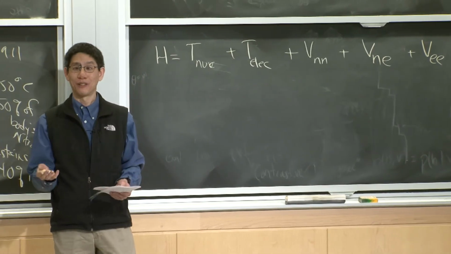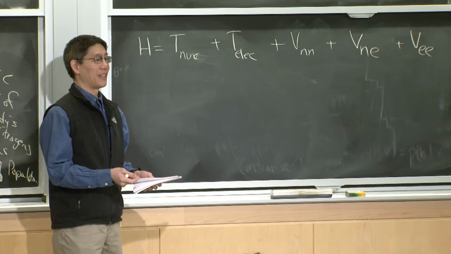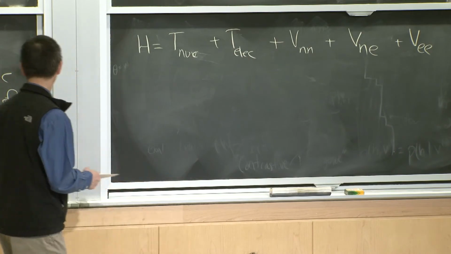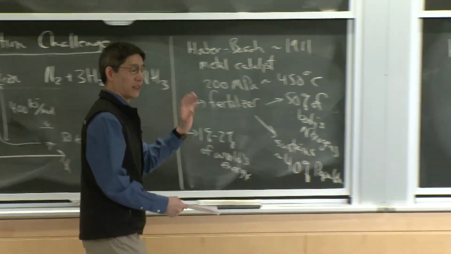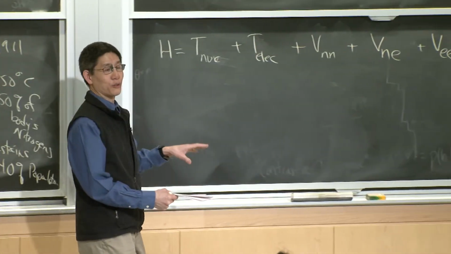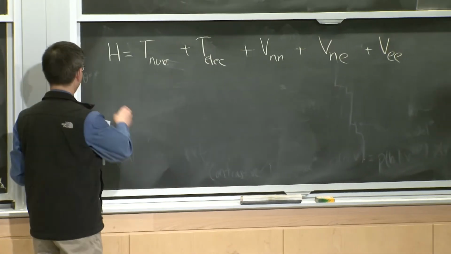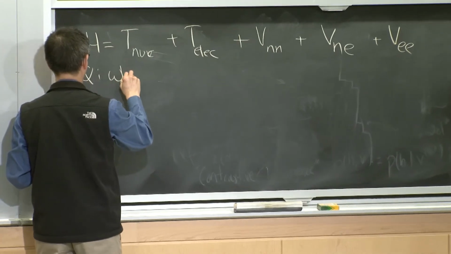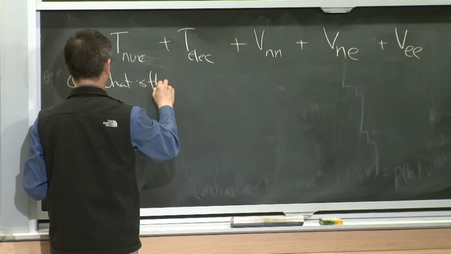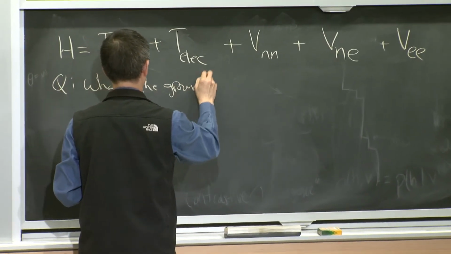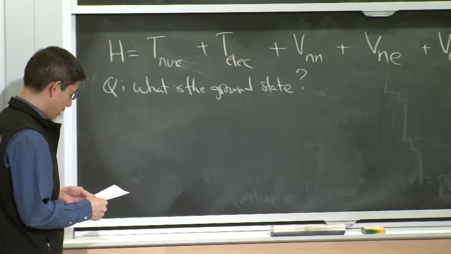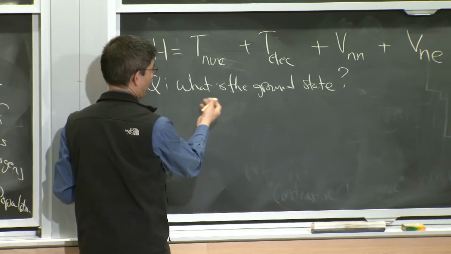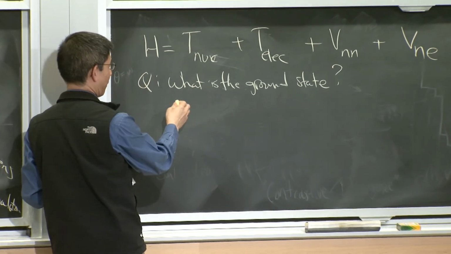What we cannot do, what we do not know how to do, is to solve for things like the reaction rate, and even more simply, just the ground state of the system. So at least we would like to know the ground state of the system.